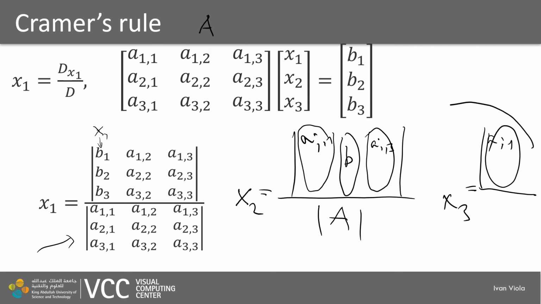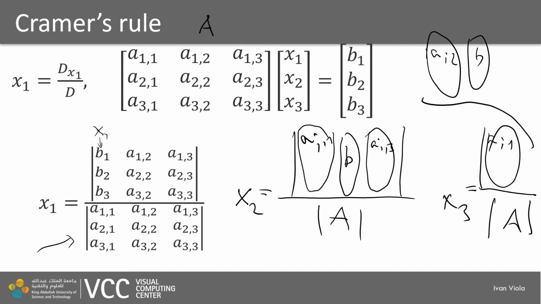So here will be a_i2, and then in the last column will be the vector b, divided by the determinant of the matrix A.